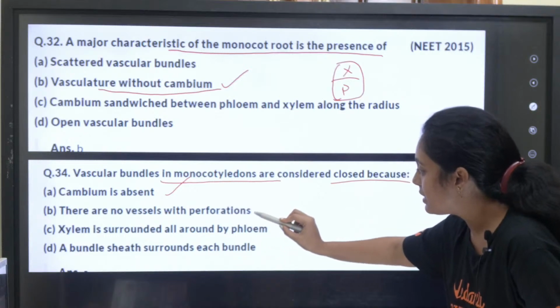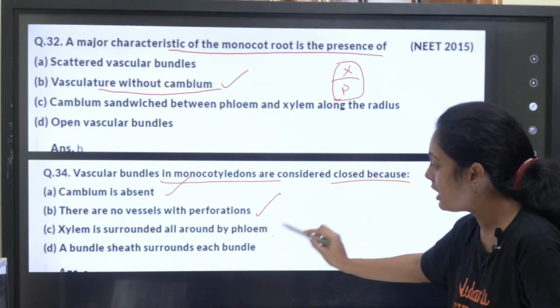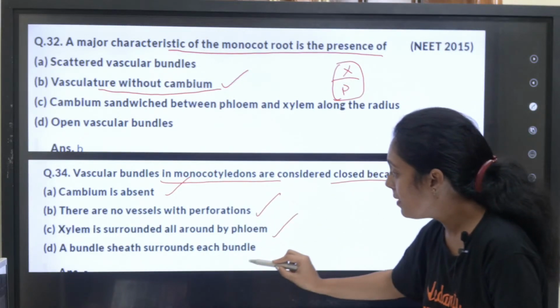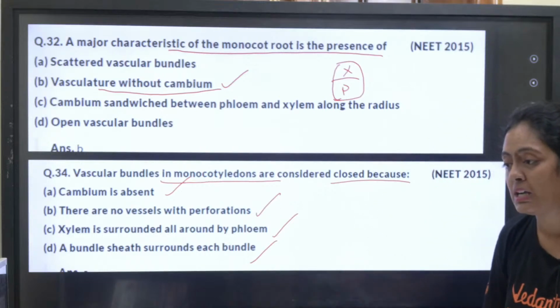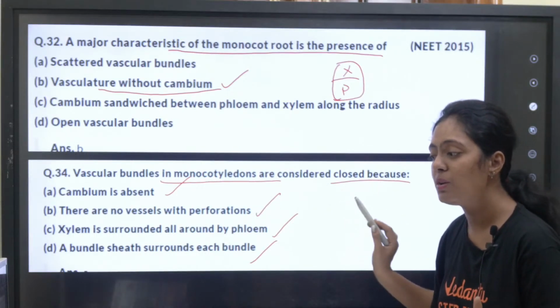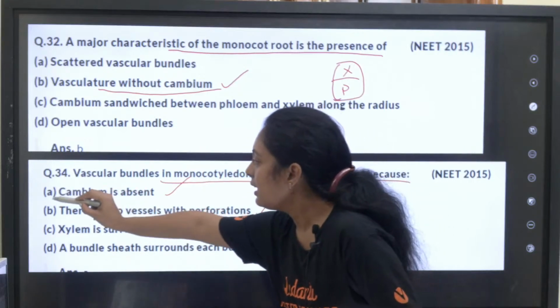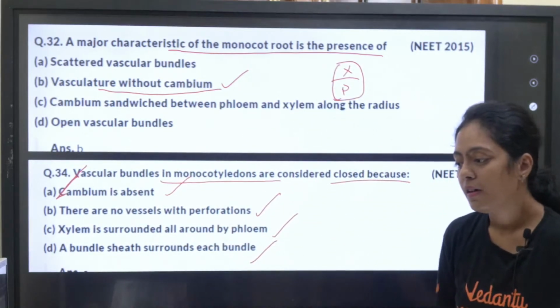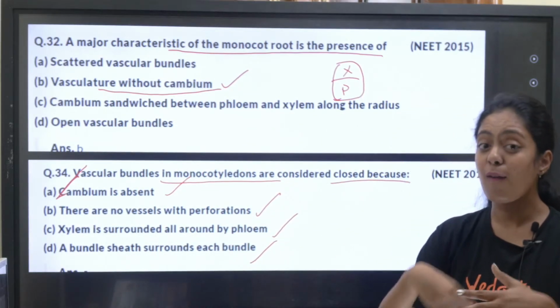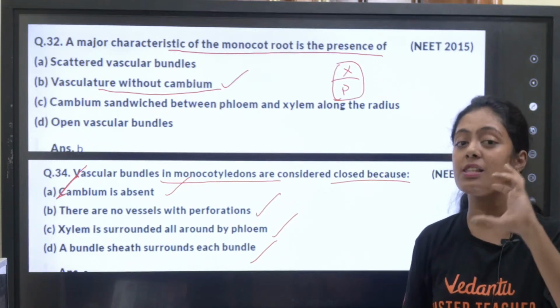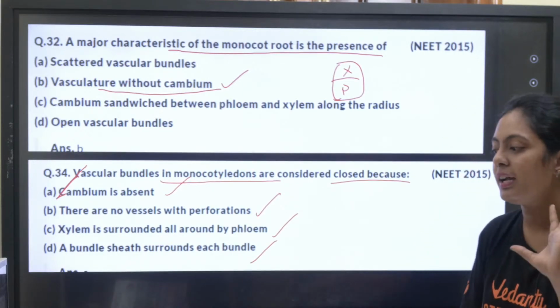There are no vessels with perforation. Xylem is surrounded all round by phloem. A bundle sheath surrounds each bundle. What is the answer for question number 34? Very easy. Closed, cambium is absent. This is the answer. It is that easy, but only if you understand the concept clearly.